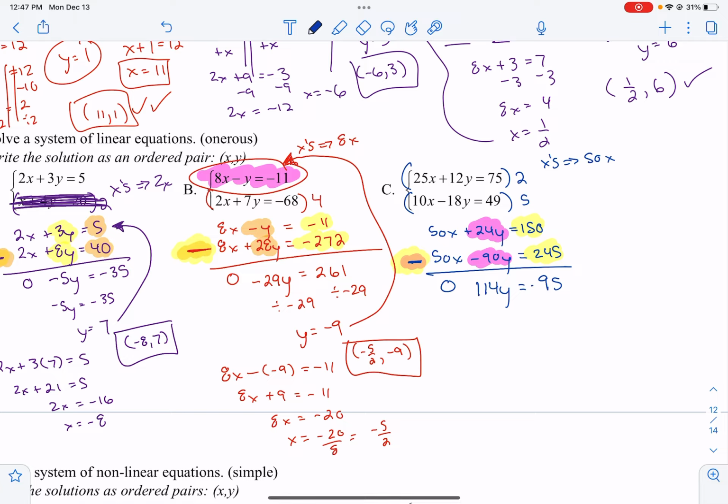Yeah? Negative 95 and 114. Geez, who came up with these numbers? Are those even going to clean up at all? I'm just double checking our numbers really quick, making sure we did not make any mistakes along the way.